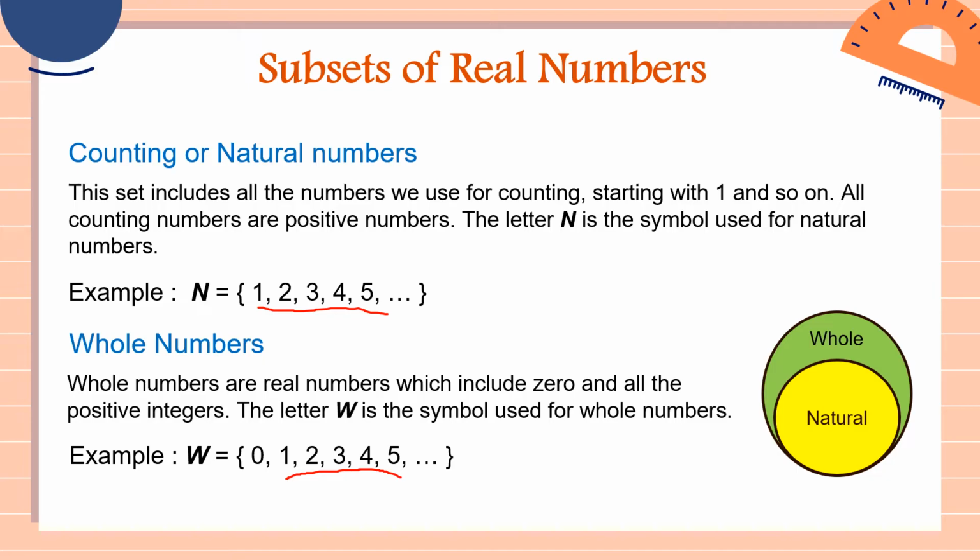Because all the elements, 1, 2, 3, 4, 5, you can also see in the whole numbers. The difference is that for whole numbers you start at 0, but all the elements of the counting numbers are also in the whole numbers.